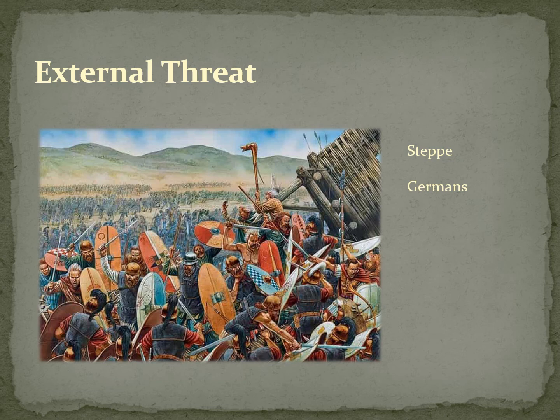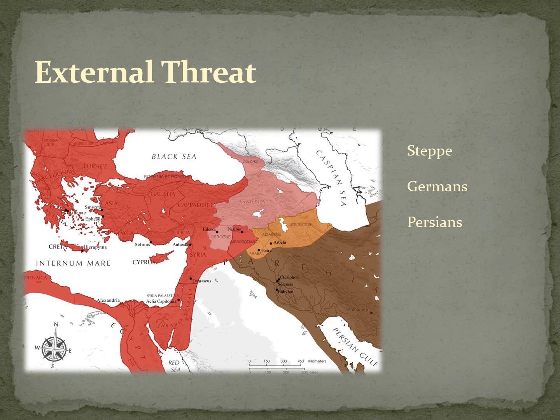And so the 240s to the 280s was chaotic, as many major Roman towns, especially in northern Europe, were sacked by Germanic barbarians. Pretty bad. But it gets worse. Because to their east, the Romans finally found an empire that was worthy to fight them.